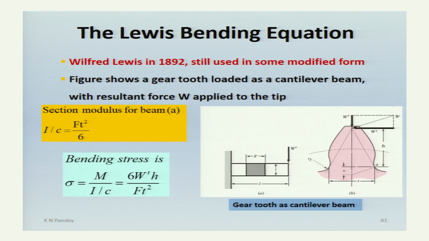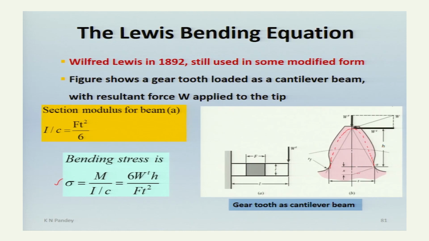The Lewis bending equation considered a gear tooth as a beam of uniform strength, and we determined the bending stress by considering this as a cantilever beam subjected to a transmitted load Wt. The height of the beam was considered as h and the thickness at the root, or at the support, equal to t.